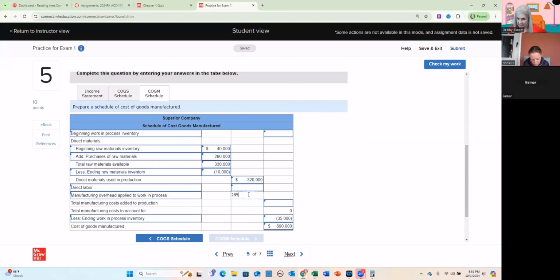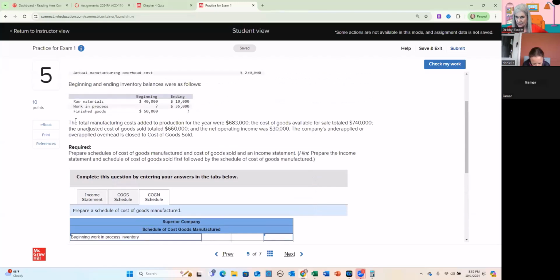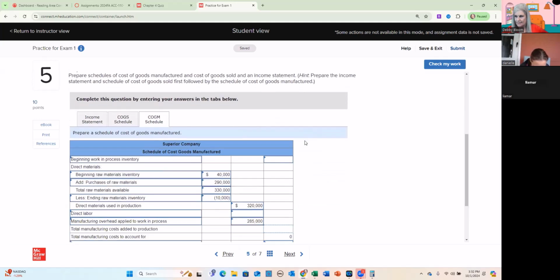Manufacturing overhead applied to work in process, so that number is given. Now I'm going to go over here. Total manufacturing costs added to production for the year, $683,000. I think that's the last number I need.